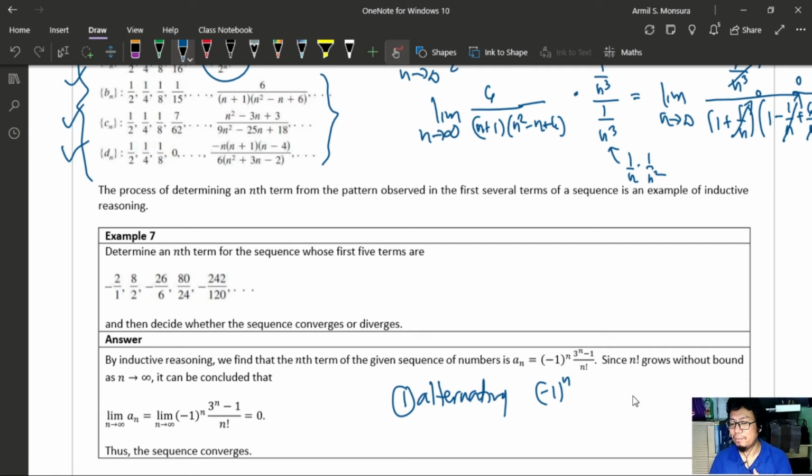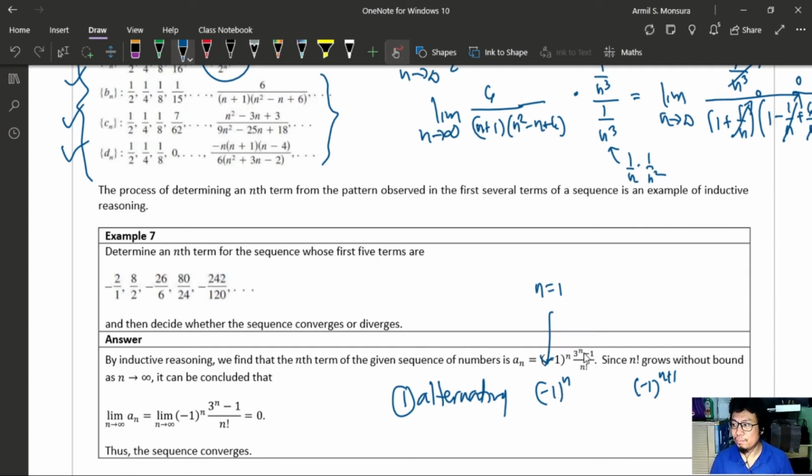Another factor that may be involved here is -1 raised to n plus 1. What's the difference? You use this when the sign of the first term of your sequence is negative, because when n is equal to 1, this is negative.